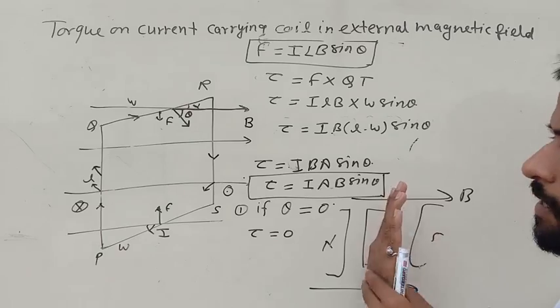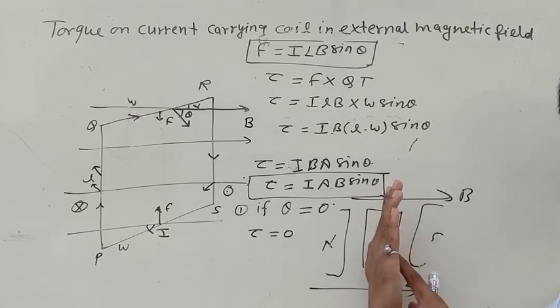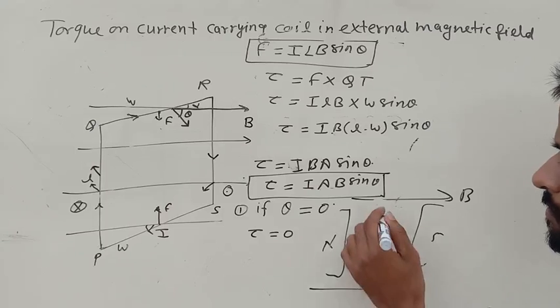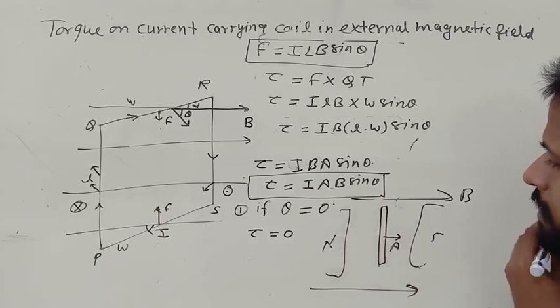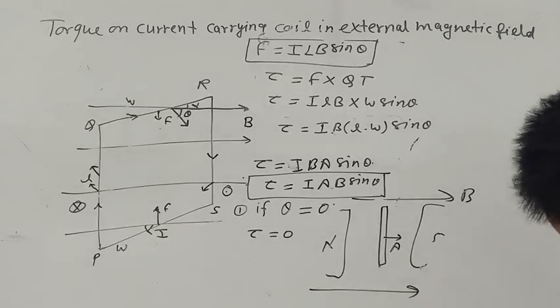It means when the current carrying coil is placed in such a way that area vector and magnetic field are in the same direction, then torque on this coil is 0. So this is the area vector and this is the direction of B. So for this, torque is minimum.